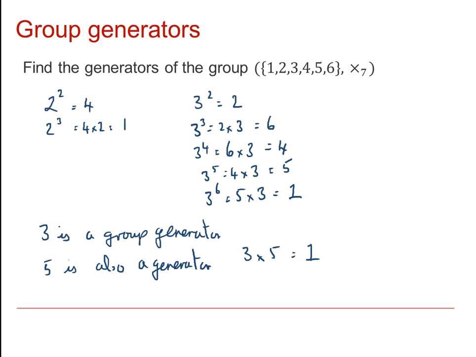So for example, 6 is only order 2 because 6 squared is 36, which is equal to 1 modulo 7. And 4 is also not a generator, being the inverse of 2, which we can see in that calculation there. So 3 and 5 are the group generators for this particular group.